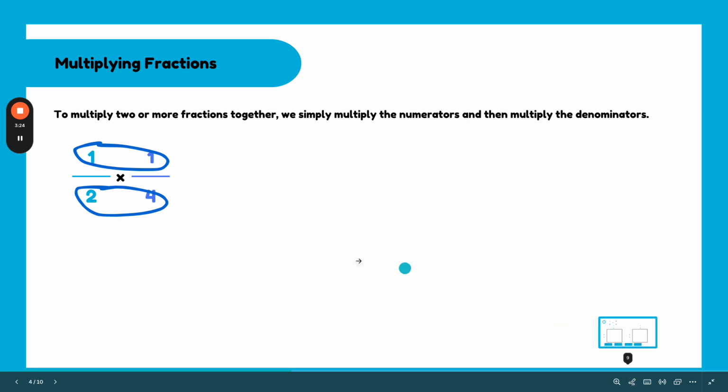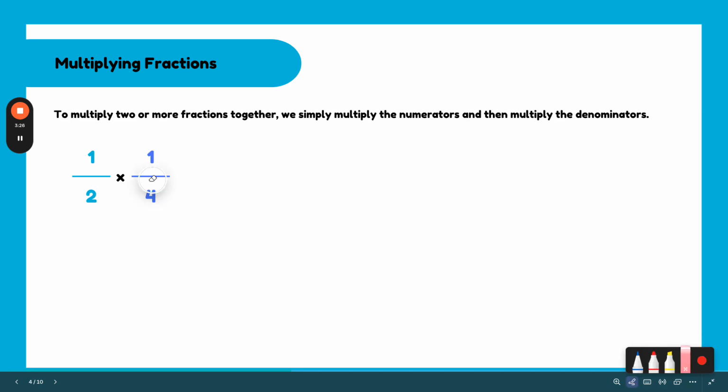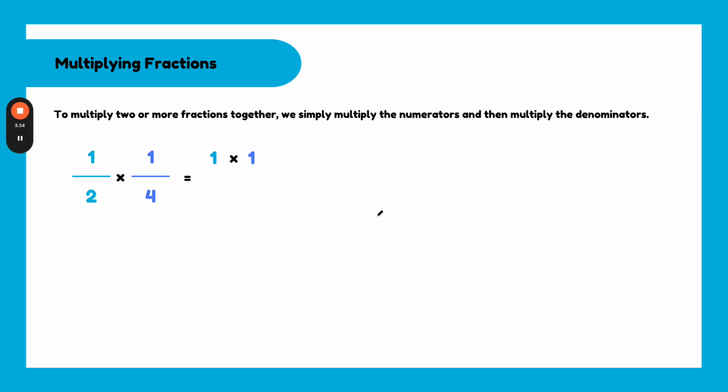So we would do 1 times 1 over 2 times 4, because we're multiplying the numerators, which are both 1, together, and the denominators 2 and 4 together. So our answer is 1/8. 1 times 1 is 1, 2 times 4 is 8.